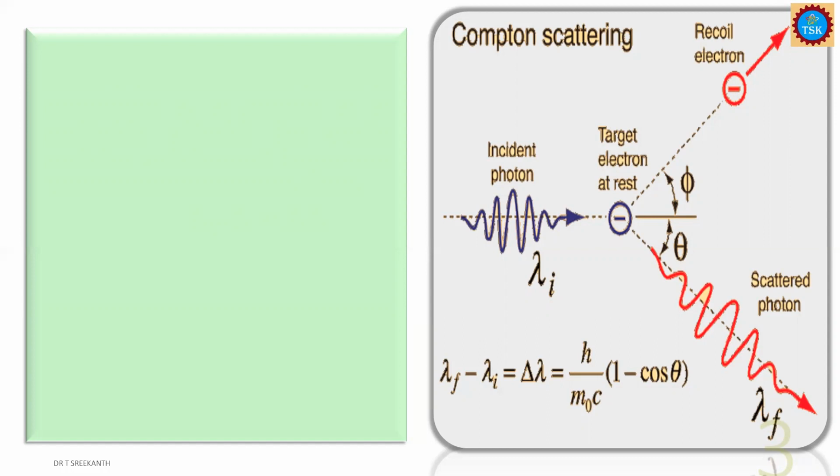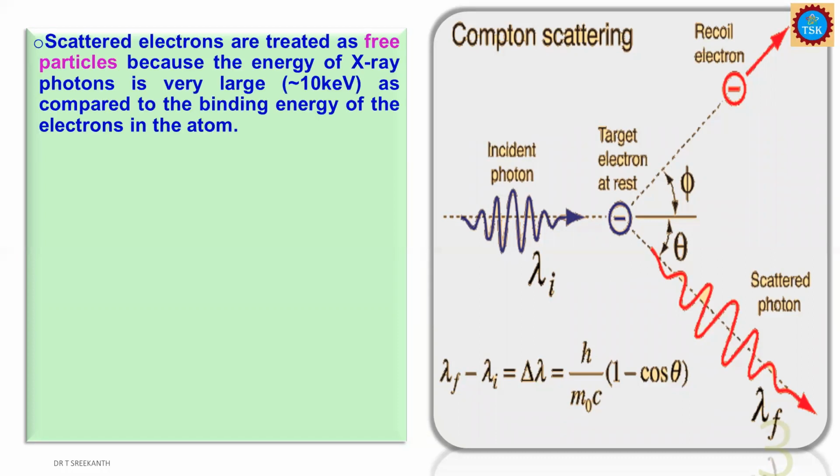The incident X-ray wavelength is lambda i and the scattered X-ray wavelength is lambda f. Lambda f is always greater than lambda i. The difference lambda f minus lambda i is called the Compton shift, whose value is h by m naught c into 1 minus cos theta.